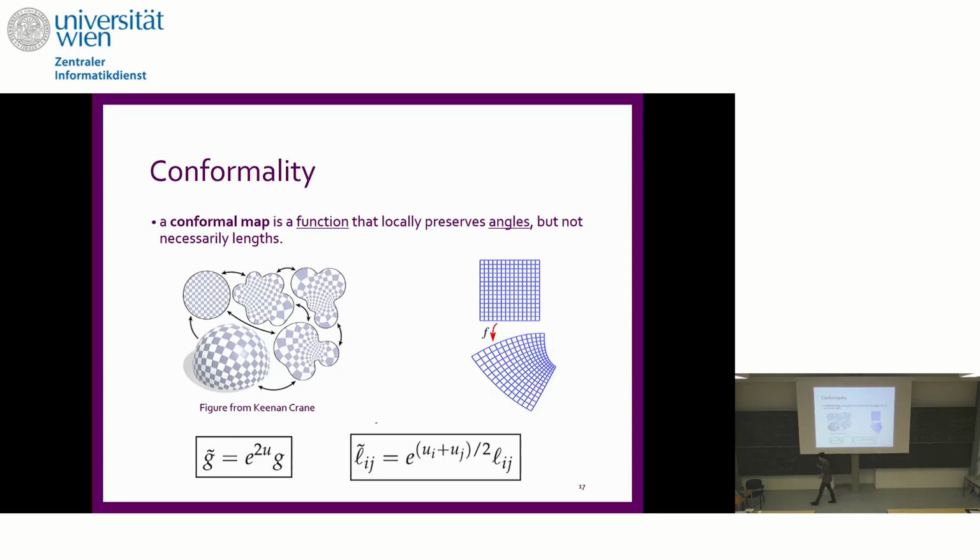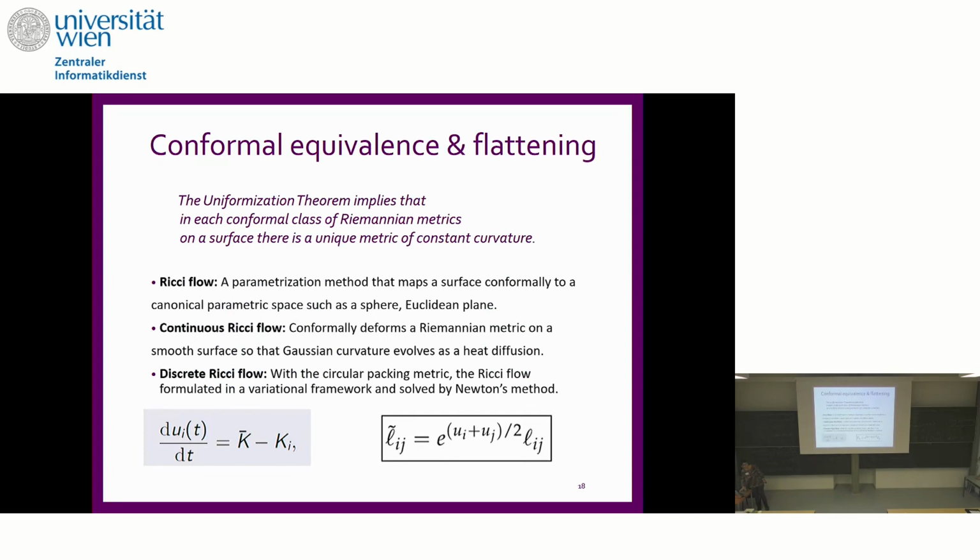Okay? So trivial definitions. And okay, the interesting thing is that we all know, based on the Poincare uniformization theorem, that for each class of conformal Riemannian metrics, we can do what we call the flattening, right? There exists a metric that would have this constant curvature.